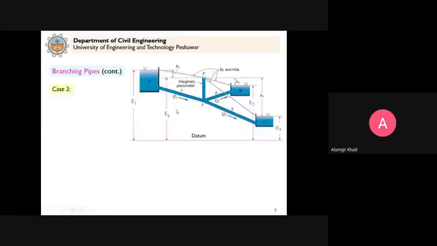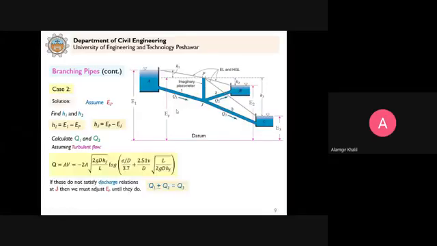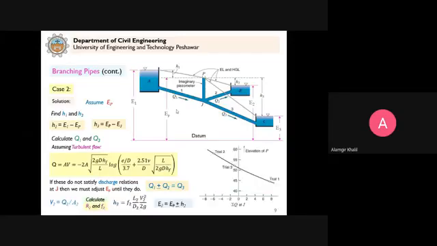Okay, so we were discussing branching pipes and we discussed how to proceed to solve case 2. Clear? We discussed that if case 2 is given, what is case 2?